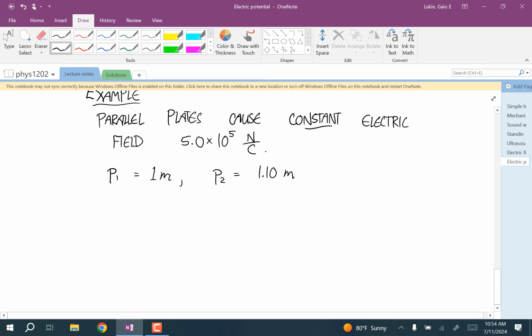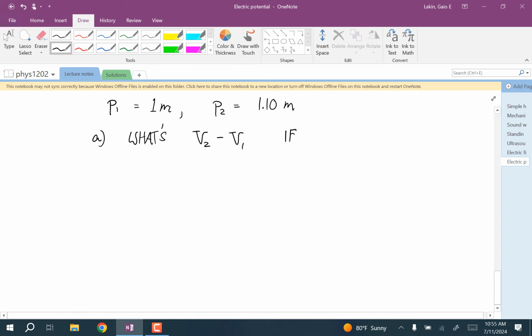And first, we're going to calculate the electric potential difference in going from point 1 to point 2, which is another way of saying V2, the destination, minus V at the start. First we'll do it if the plates are arranged this way.